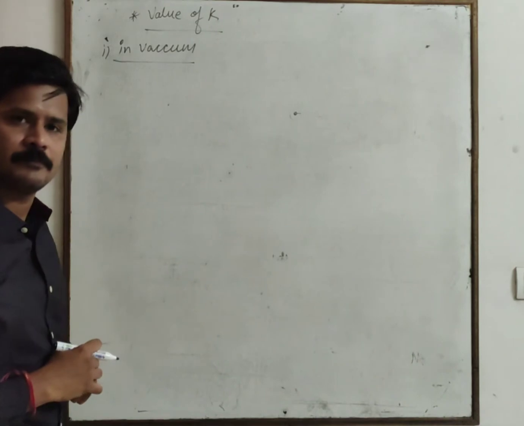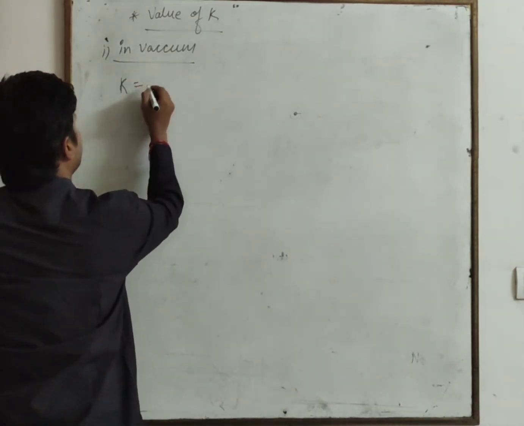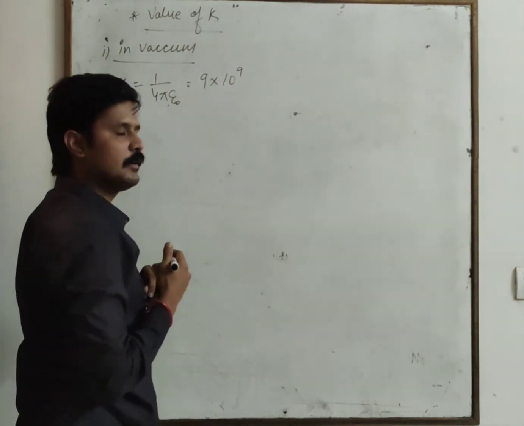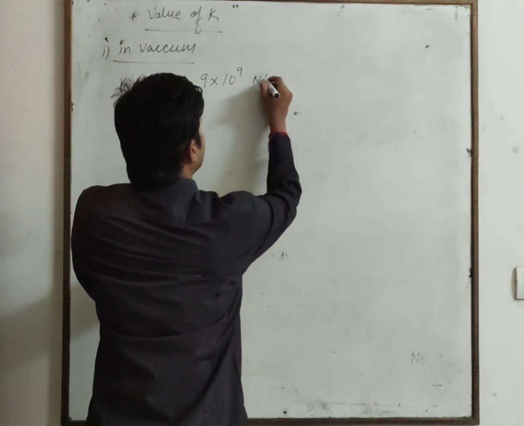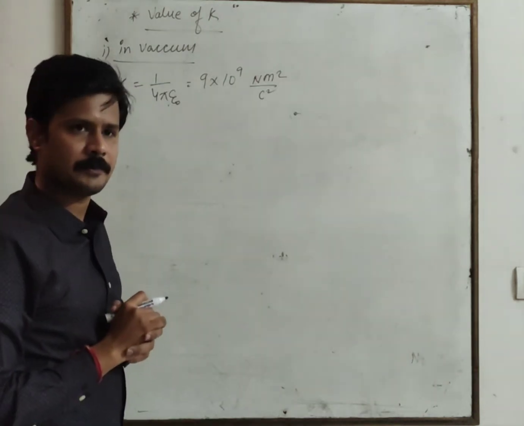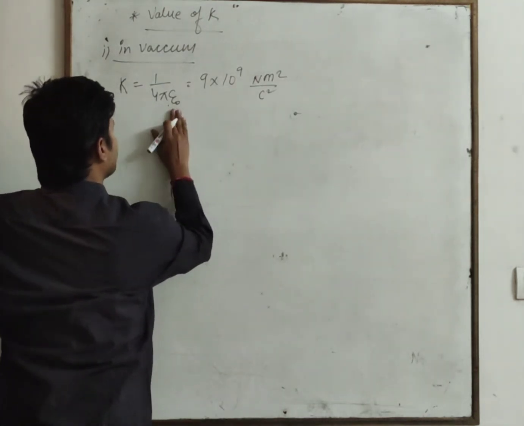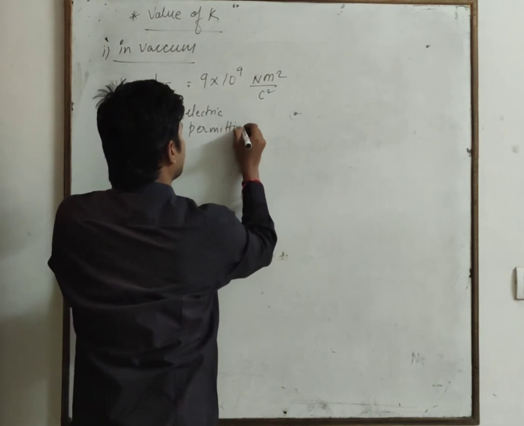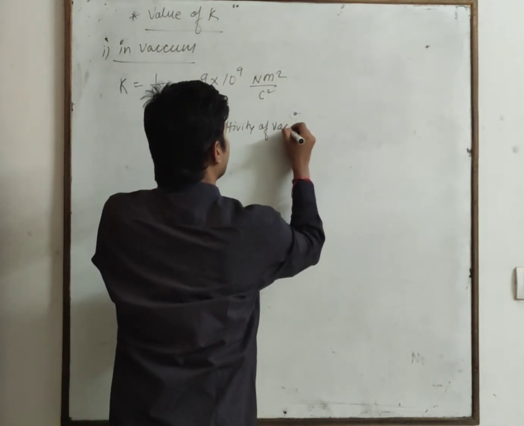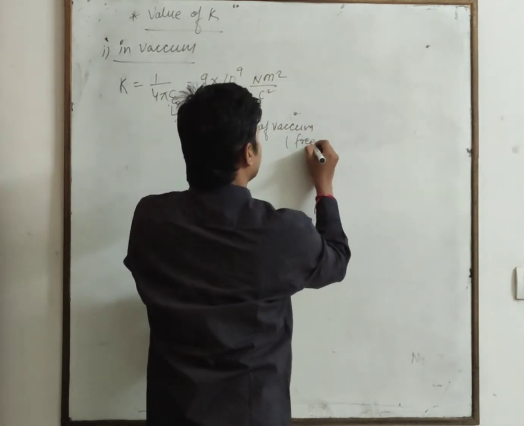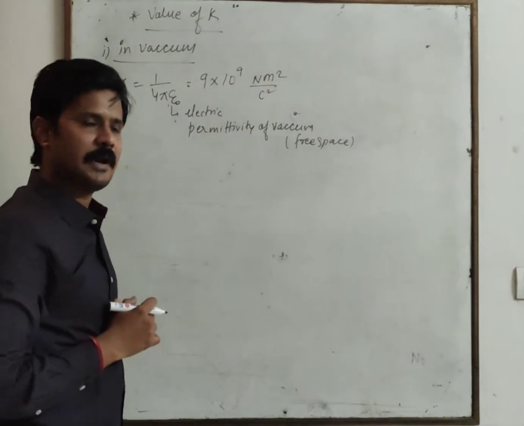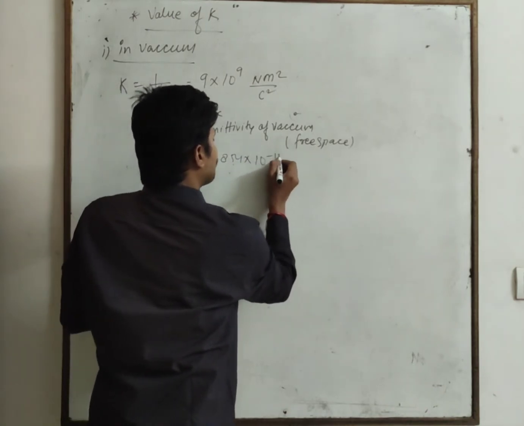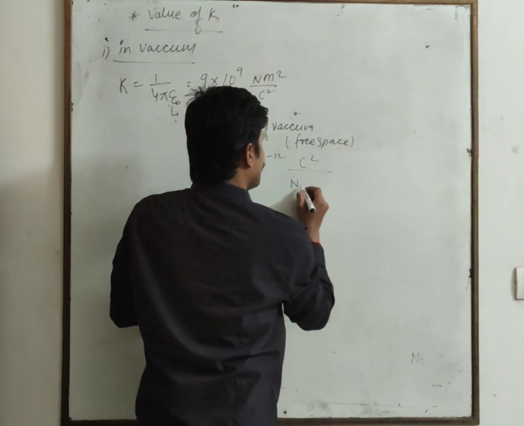In vacuum, the value of K can be written as 1 upon 4 pi epsilon naught, equal to 9 into 10 raised to power 9 Newton meter square per Coulomb square, where epsilon naught is the electric permittivity of vacuum or free space, and the value of epsilon naught in vacuum is 8.854 into 10 raised to power minus 12 Coulomb square upon Newton meter square.